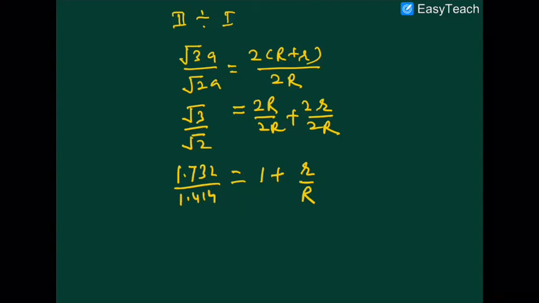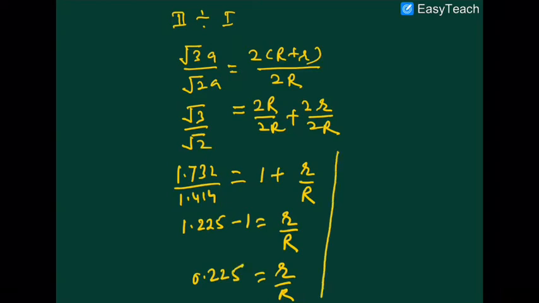Sure about that? So on dividing that, it comes out to be 1.225, minus 1 is equal to r by R. So r by R will be 0.225. So you can easily say that the radius of the tetrahedral void by the radius of the atom is equal to 0.225 in the case of a tetrahedral void.